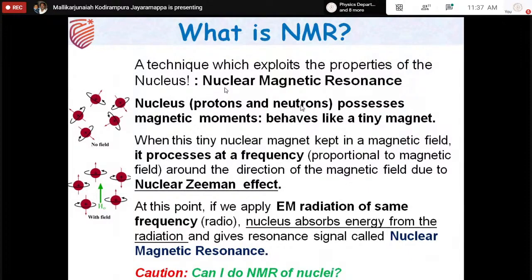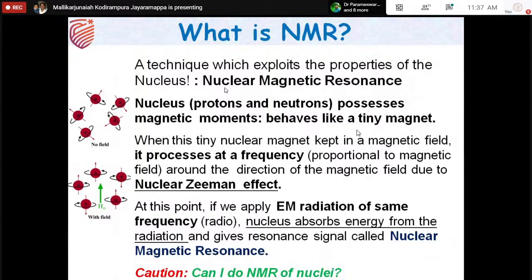They are neutral particles, but the nucleons together possess magnetic moments. What is the meaning of magnetic moment? All these nucleons behave like tiny magnets.